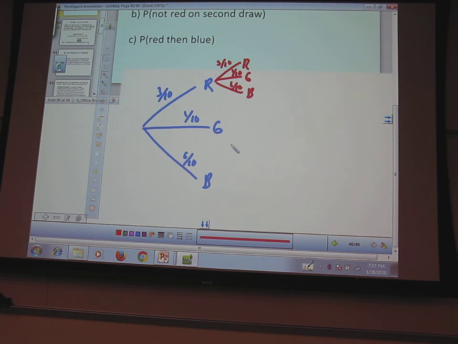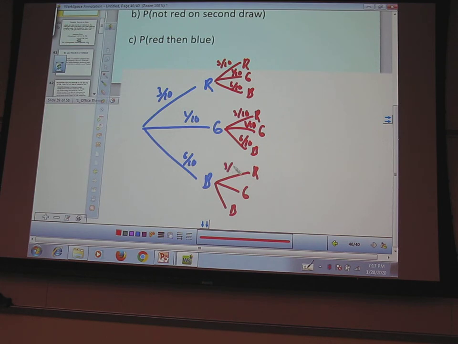I put it back. Now what can I draw? Red, green, or blue? Probability of red? 3/10. Probability of green? 1/10. Probability of blue? 6/10. Great. And if I drew a blue one first and put them all back, same thing could happen there.